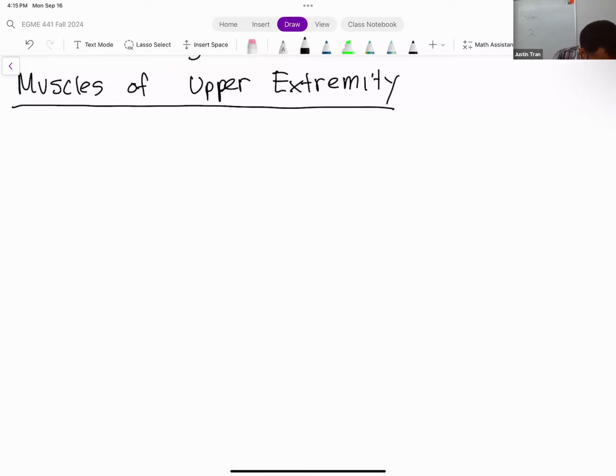So again, let's start near the top. We'll start with the shoulder muscle. Right at the apex of the shoulder, you have a muscle that wraps around the shoulder itself. That is your deltoid muscle. Let me draw it just like this.